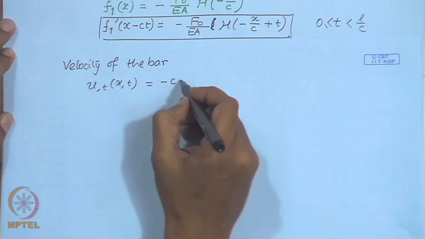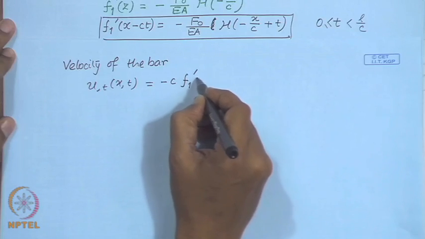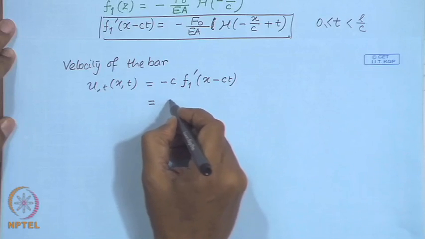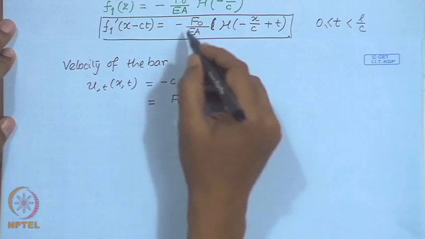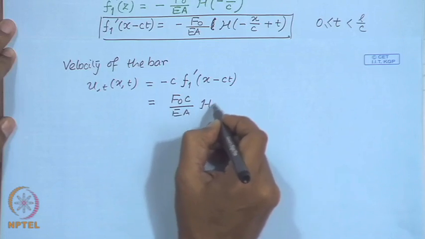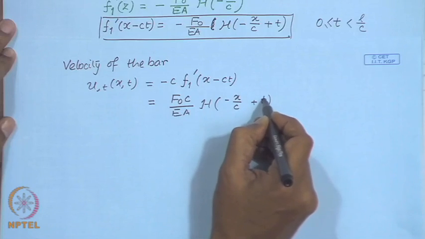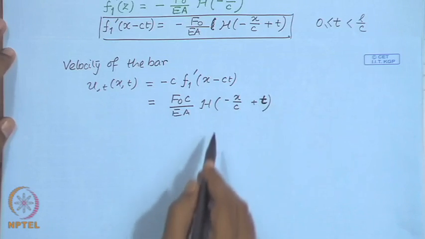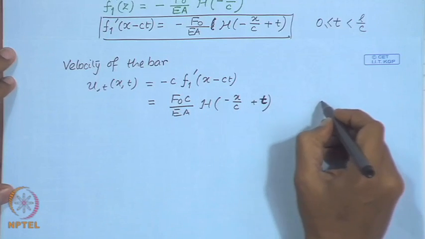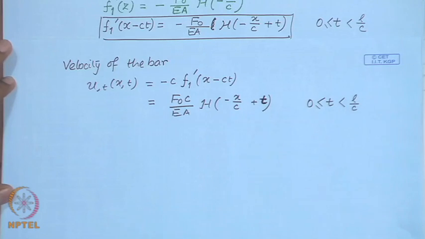If you consider the solution form that we have, then the velocity of the bar is given by, and therefore, this becomes, by substituting this expression here, so this is a positive travelling wave, and so this is of course between 0 to L over C.